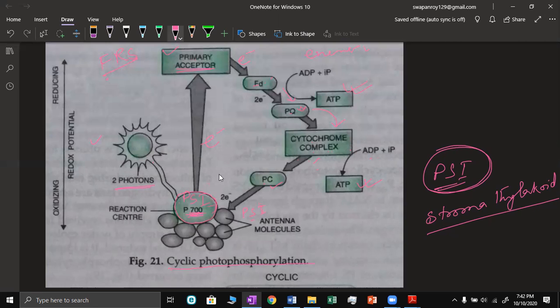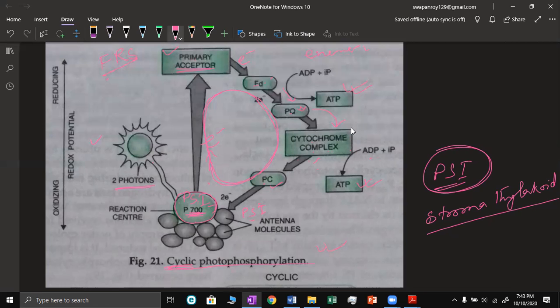The electron is moving in a circular path, so this is known as cyclic photophosphorylation.